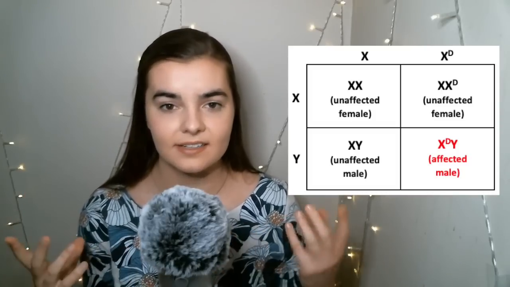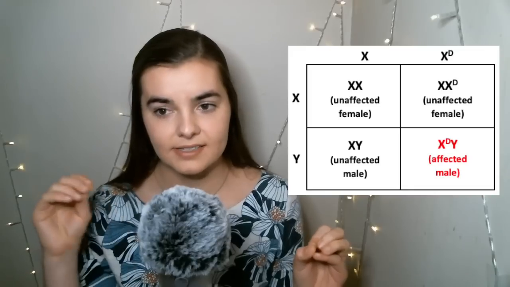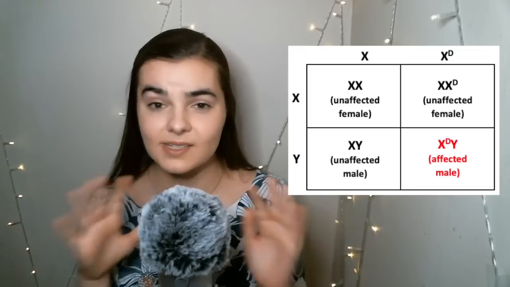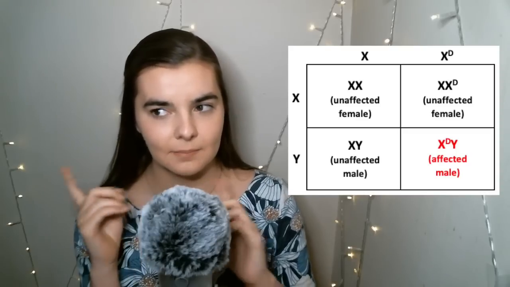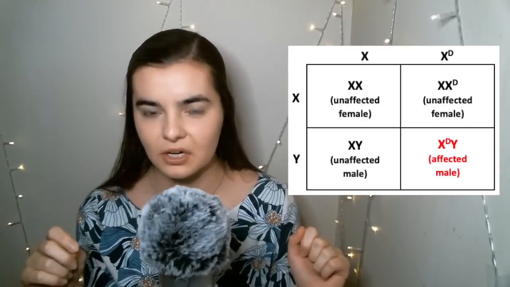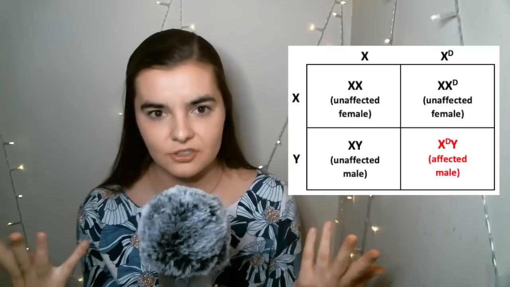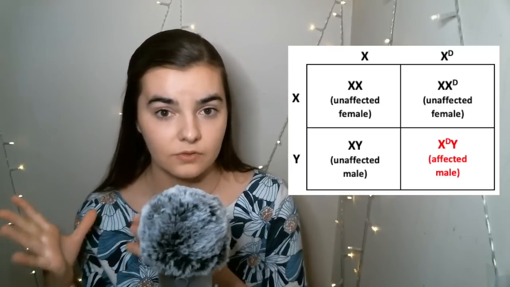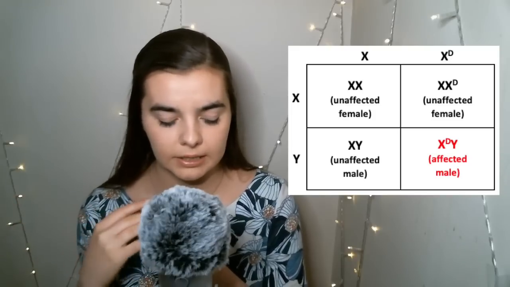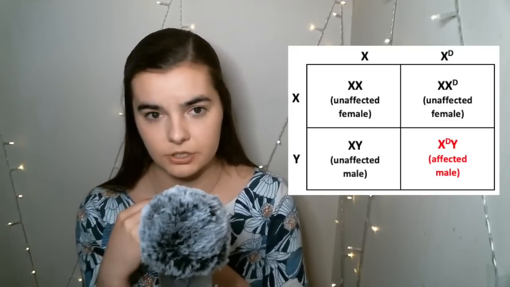And like I said, females have 2 X's, males have 1, and I explained all about X-linked traits in my last genetics video, so you can go watch that. But essentially it means that males are much more likely to have muscular dystrophy. But that's not really the point of this.